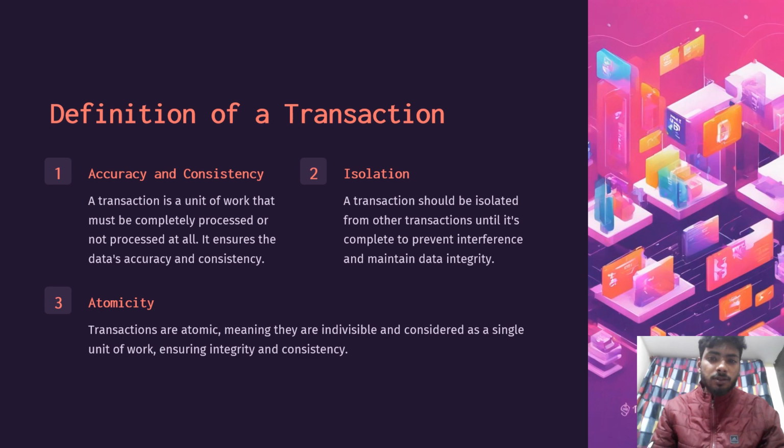A transaction should be isolated from other transactions until completion, to prevent interference and maintain data integrity. Atomicity: transactions are atomic, meaning they are considered as a single unit of work, ensuring integrity and consistency.